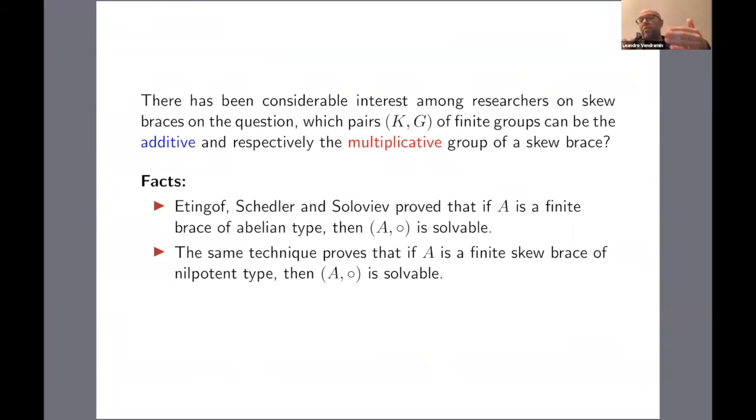You can, of course, use the same technique to extend this result to skew braces of nilpotent type. So if you have a finite skew brace and the additive group is nilpotent, then the multiplicative group of the skew brace is going to be solvable.